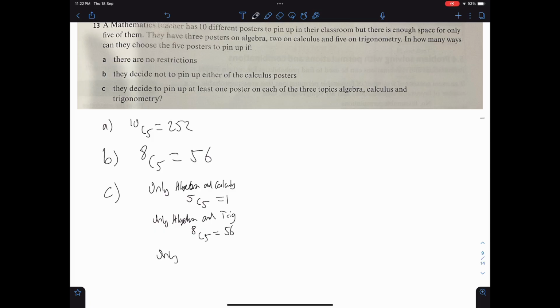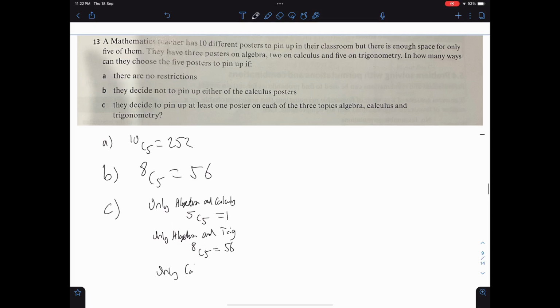Only calculus and trig. 7 choose 5, which is 21. Now, here's where we do need to be careful, because when we're doing only algebra and trig, we could have 5 trig posters, couldn't we?